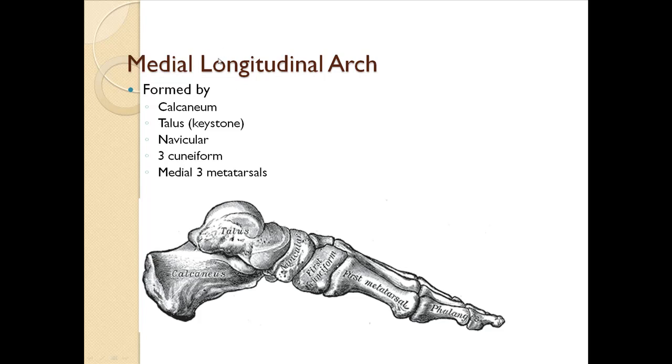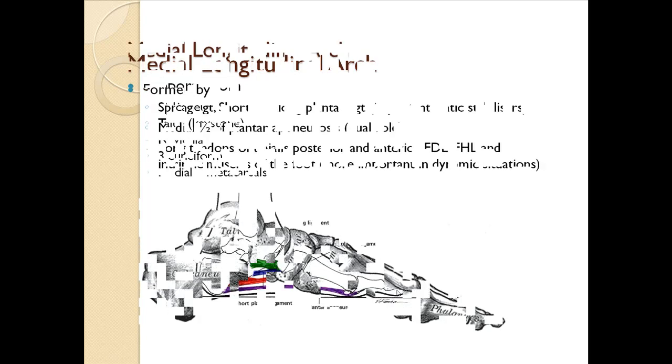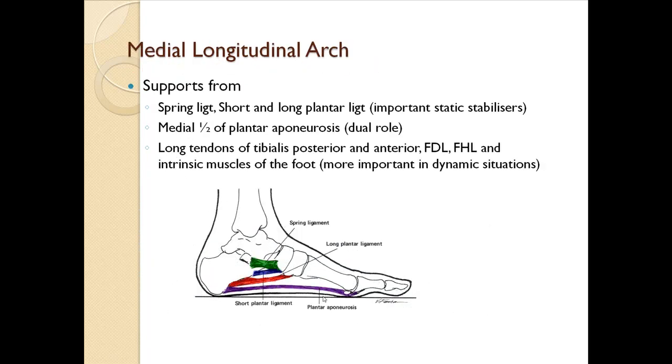So the weight comes down here through the tibia and fibula. About 50% of our body weight goes backwards to the calcaneus, and about 50% goes forward to the anterior portion. Support is offered via a number of structures. We have the spring ligaments passing from the sustentaculum tali here to the plantar aspect of the navicular, a very strong component.